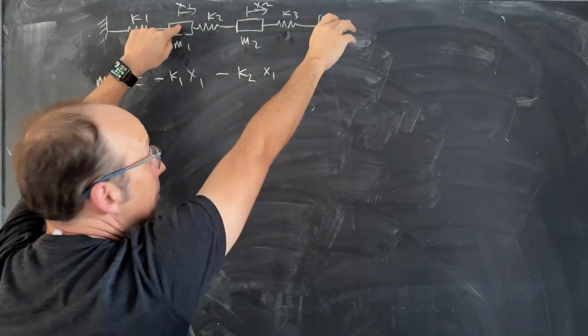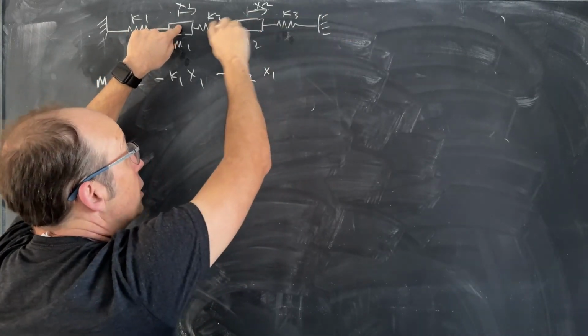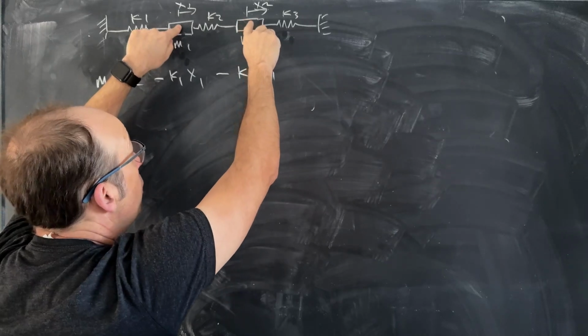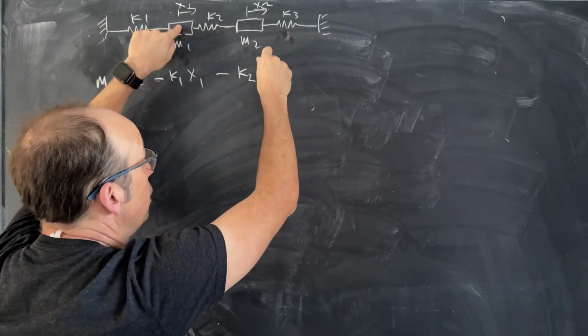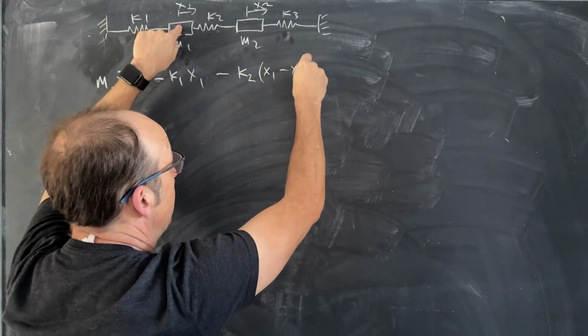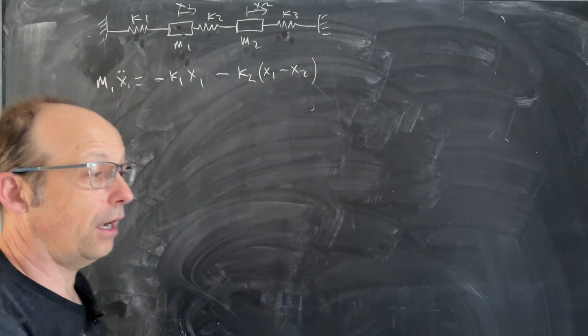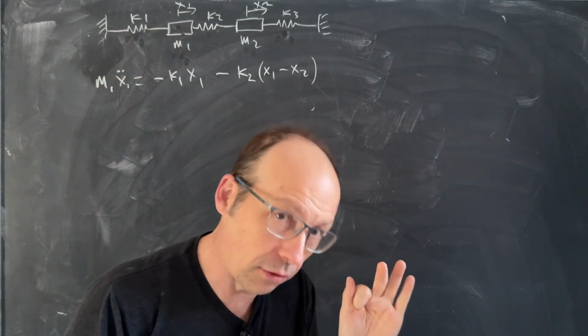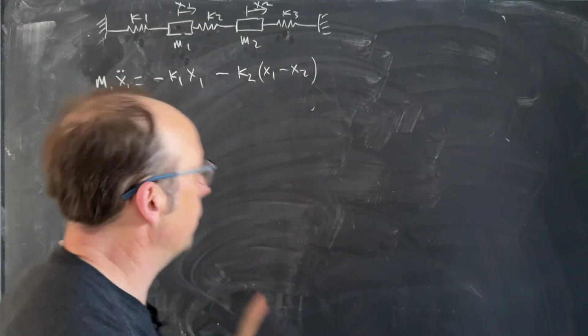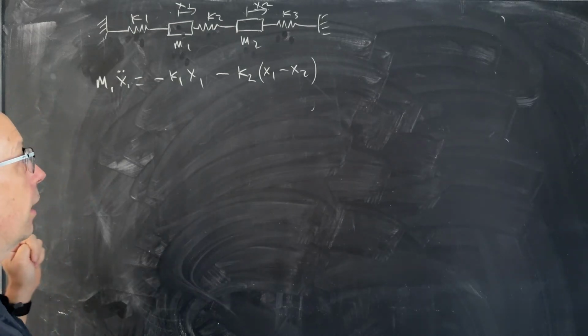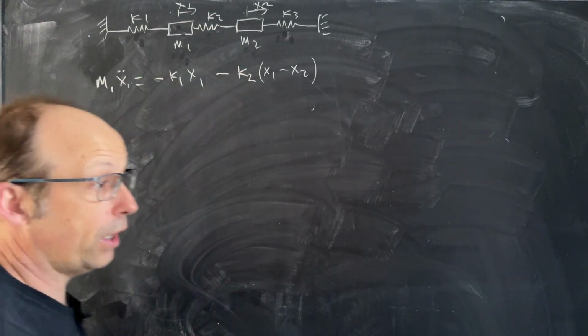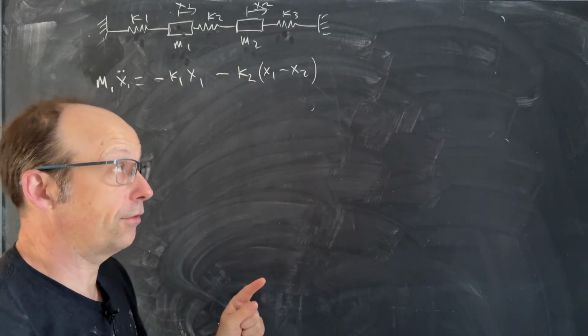But if that mass moves that way, it's going to make it stretch and actually pull it in the positive direction. So I actually need this x1 minus x2. And I did that in the last video too. So if that's a little wonky for you, I'll link that video down below. So that's my equation of motion for the first mass, and we can make that simpler in just a second.